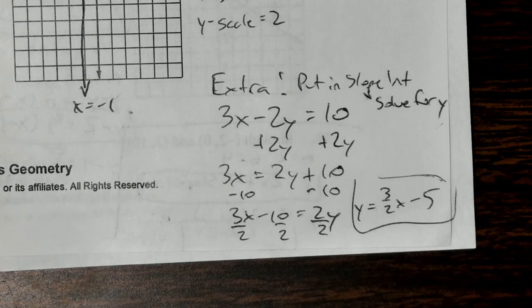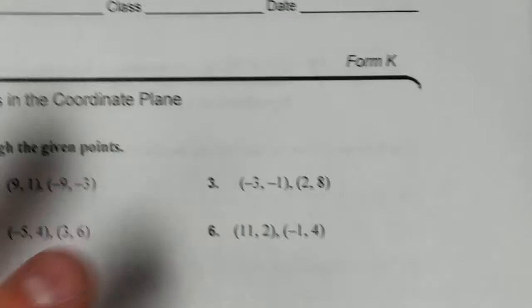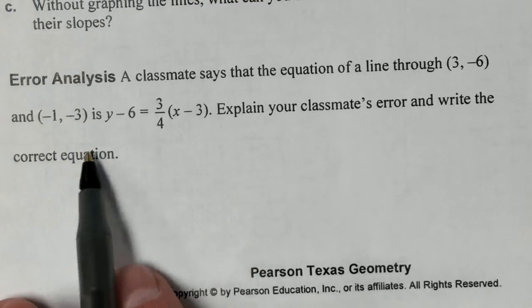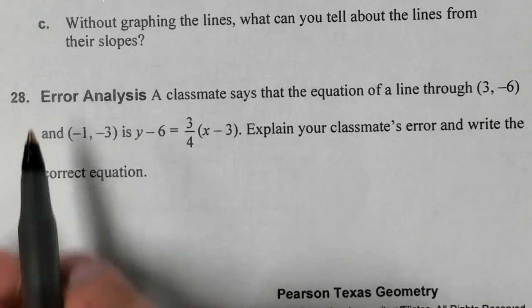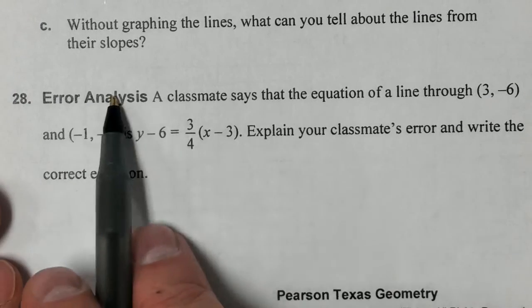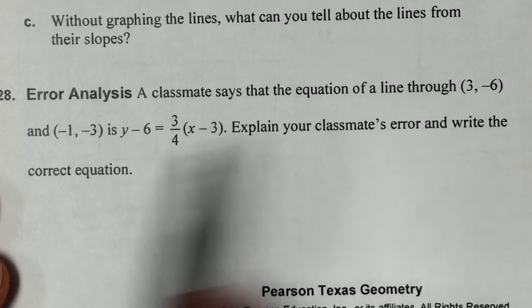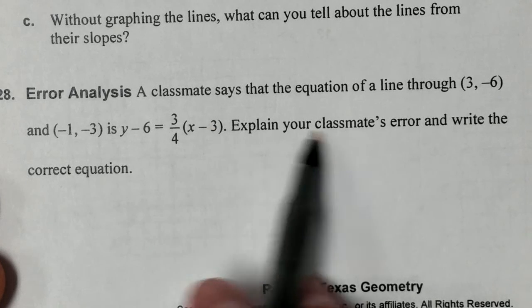Okay, so there's one other one I'm going to give you a hint on. You should be able to do all of the Form K by yourself, but I want to make sure y'all understand the error analysis type question, which is number 28. On this one, a classmate says the equation of the line through 3, -6, and -1, -3 is this. Explain the error.